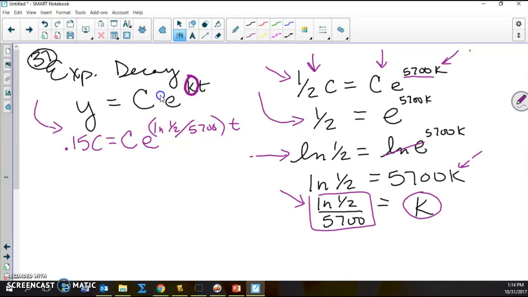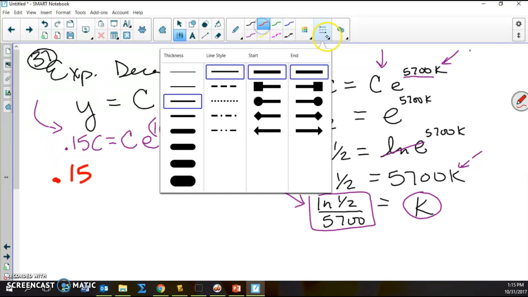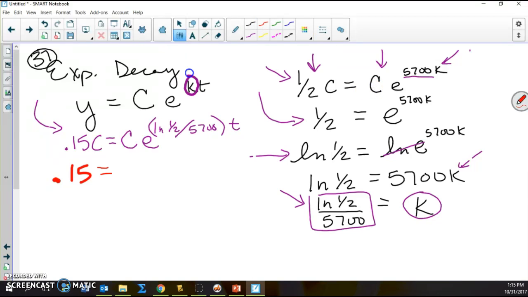So just as we did on the right-hand side over here, we're going to take c out of both sides, dividing both sides by that value c. So 15/100 is equal to e to the natural log of 1/2 divided by 5,700, to the t.